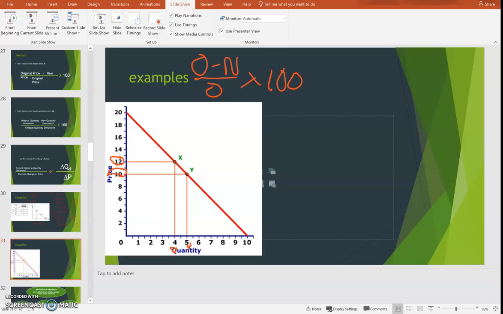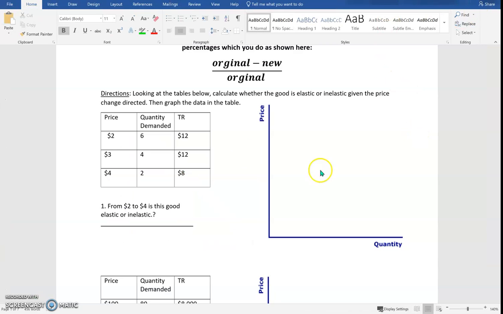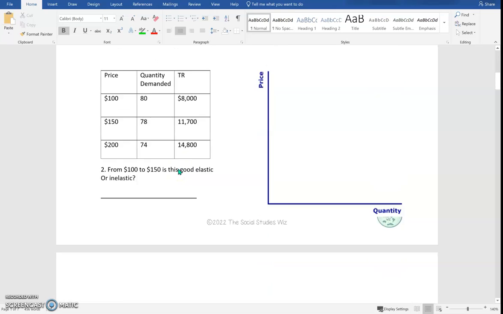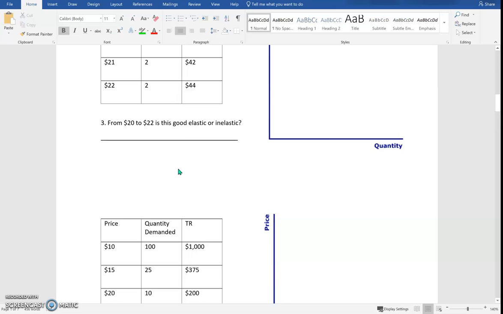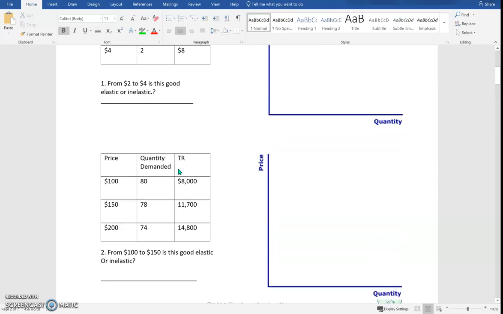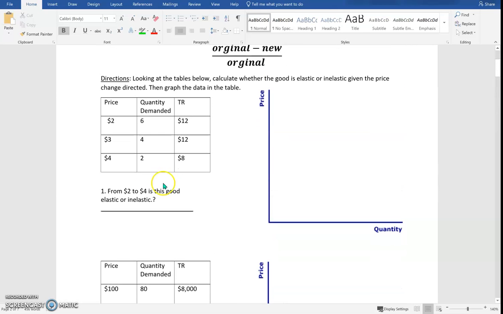So these are the same things that you're going to be looking at when you look at the homework for today, which, if I can pull that up real quick. I can't, apparently. Looks like this, okay? So as you're looking at these 4 questions dealing with elasticity of demand, make sure you read the question from $2 to $4.